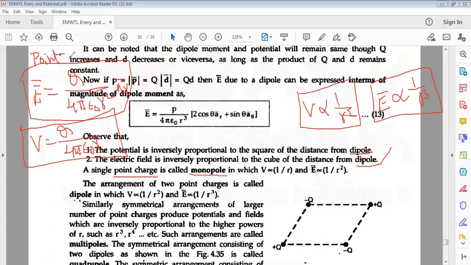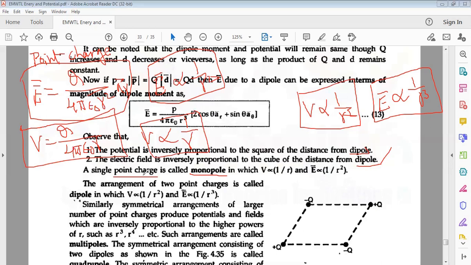So E bar is proportional to 1 by R square, inversely proportional to the distance, and the potential is proportional to 1 by R, also inversely proportional to the distance.